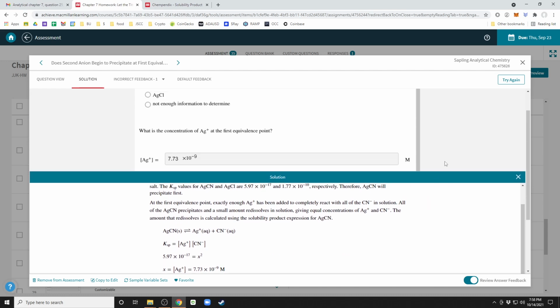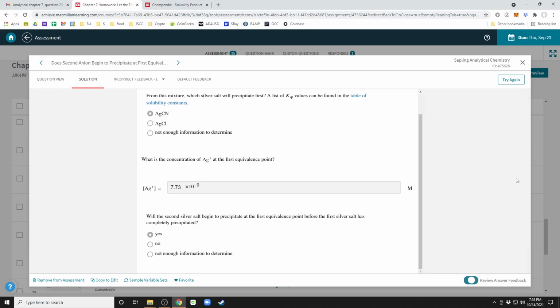Okay, so once you have your silver concentration, well, now you have a concentration of silver that's floating around in solution. And the next thing it's going to ask you is, well, would this cause that other species to start precipitating?